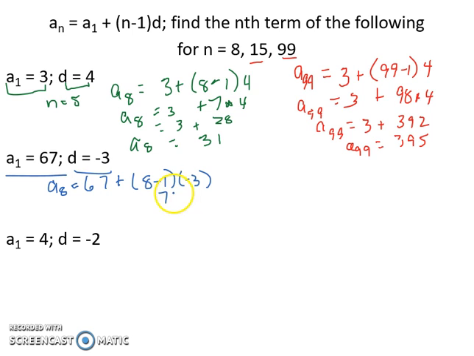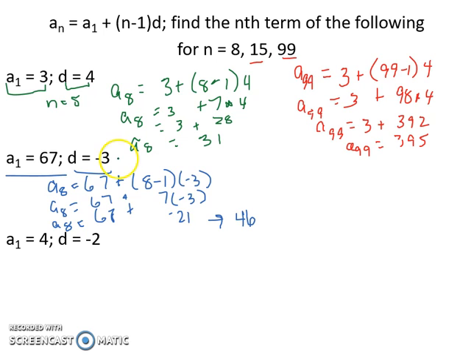So it's 7 times negative 3, so negative 21, plus 67. Let's finish filling all this in. And so this gives us 46.